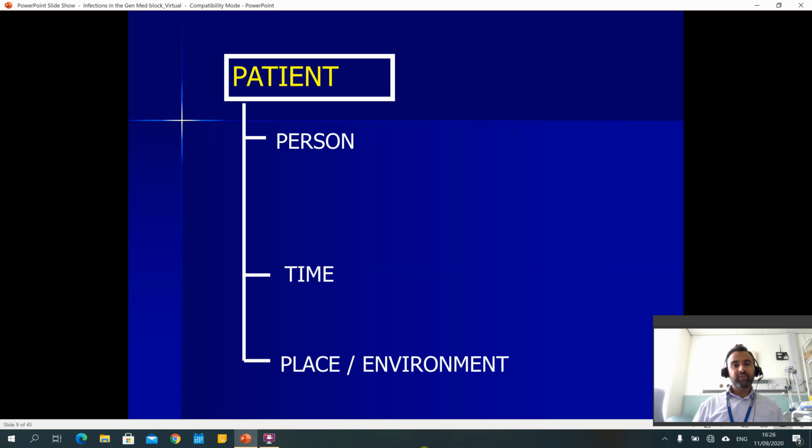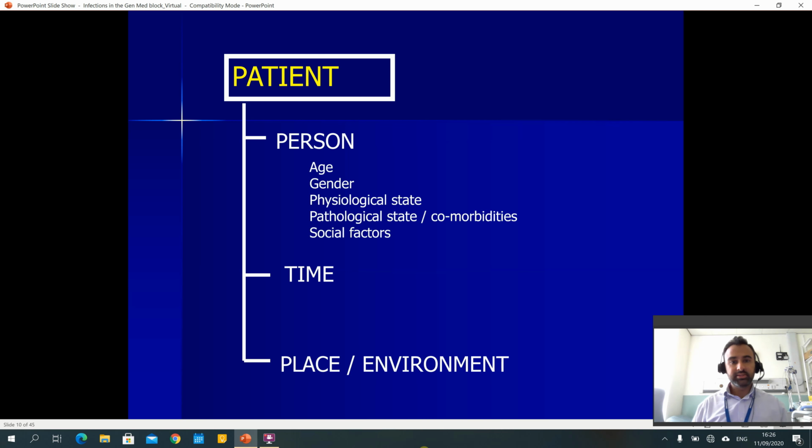So let's go through the factors that might lead to a disease state when it comes to infection. So let's talk person factors. Which factors are they particularly in the patient that might lead them to become infected? We'll break this down. So age is clearly going to be very relevant. Now, we've hopefully all seen patients who are biologically 60 but physiologically 90 and vice versa.